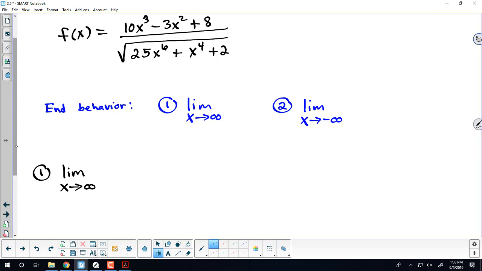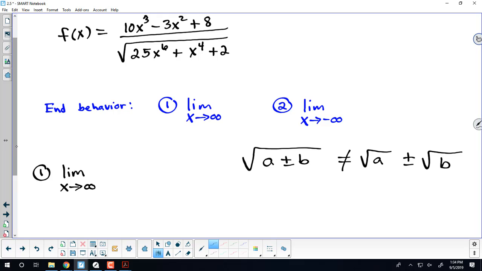So like the square root of 25x to the 6th plus the square root of x to the 4th plus the square root of 2. You have to remember that when you take the square root of sums or differences, it doesn't equal the sum or difference of the roots.